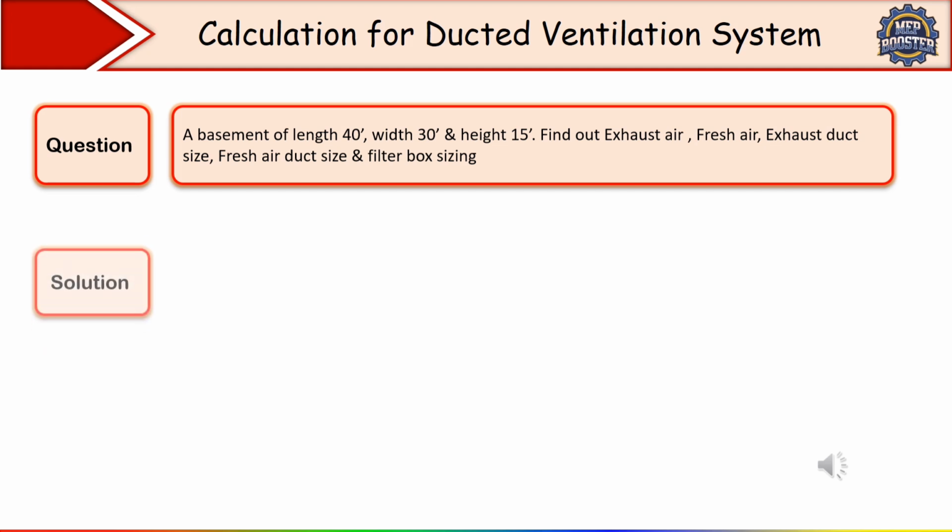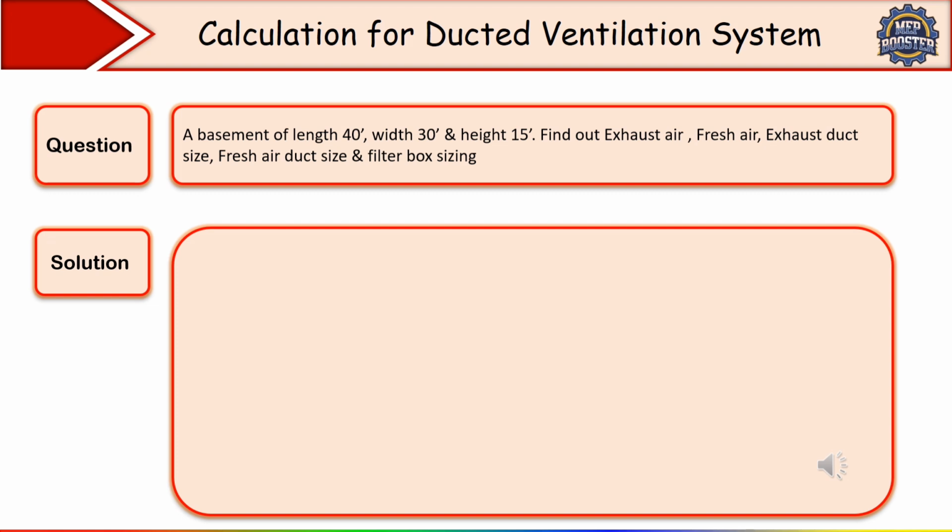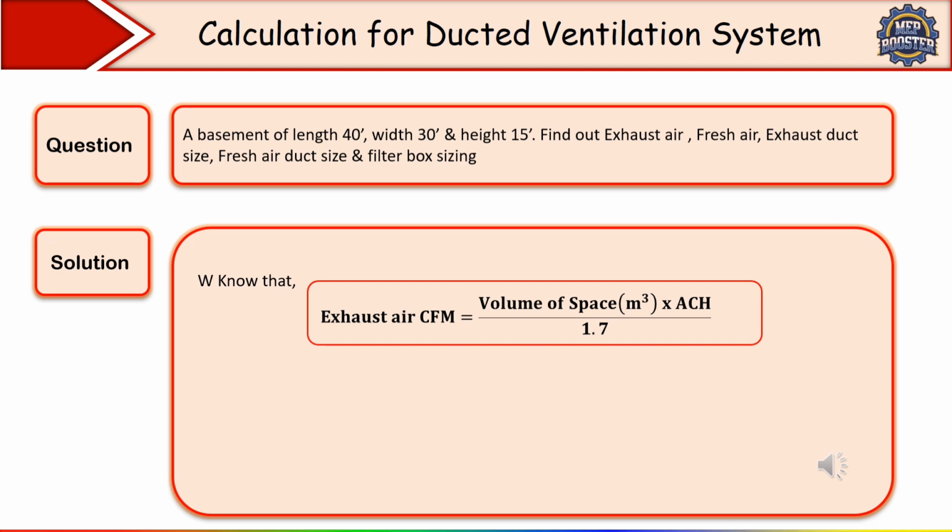So see here in the solution what detail is given in this question. To find the exhaust air CFM we have a formula. If you remember, I have already discussed it: volume of space in meter cube into ACH, air changes per hour, divided by 1.7.